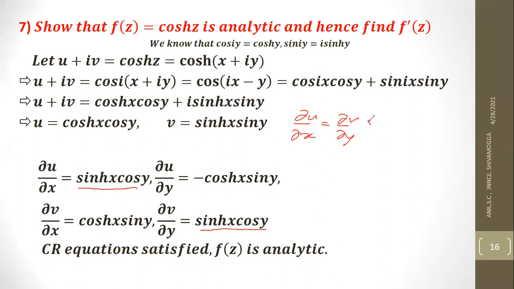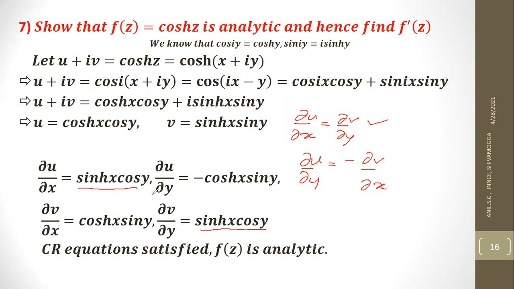Therefore, this equation holds. First equation holds. Now, the second equation. What is the second equation? Sorry, CR equation. Del u by del y is equal to minus del v by del x.